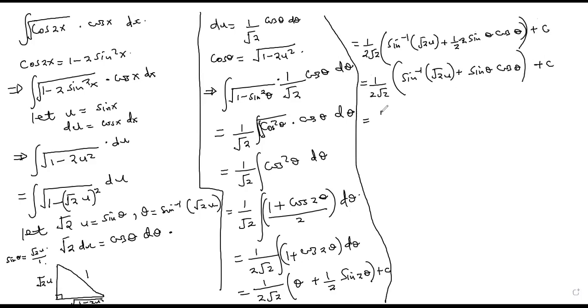So this is the same as 1 over 2 root 2 sine inverse of root 2u, all right? Then plus sine theta itself, which is root 2u. Cos theta is the root of 1 minus 2u squared, plus a constant of integration, which is the same as 1 over 2 root 2.